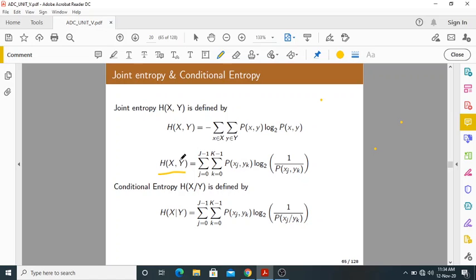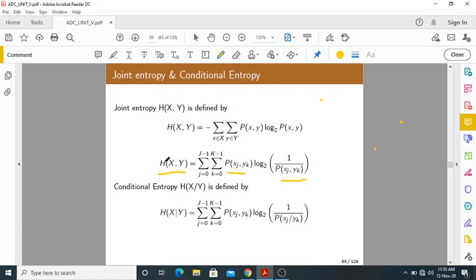Now, what would the formula be? Here, this is joint entropy, that's why there is a joint probability. P of Xj, Yk, here 1 by P of Xj, Yk. So the formula is very much the same. The only thing is, here it is for two random variables, X comma Y. So that's why two summations.